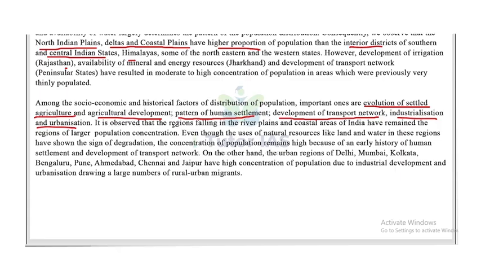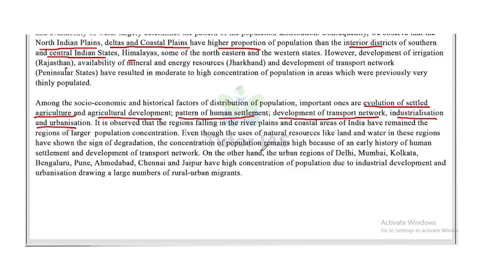It is observed that the regions falling in the river plains and coastal areas of India have remained the regions of larger population concentration, even though the uses of natural resources like land and water in these regions have shown signs of degradation.